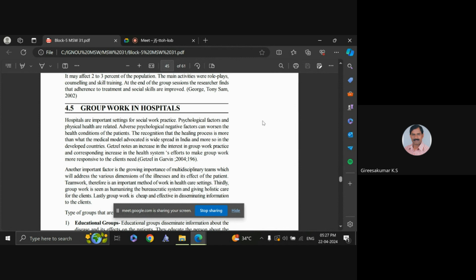And lastly, group work is cheap and effective for disseminating information to the clients. Disseminating means spreading information to the clients. It's very much necessary.